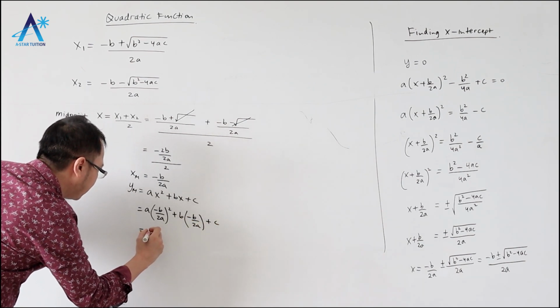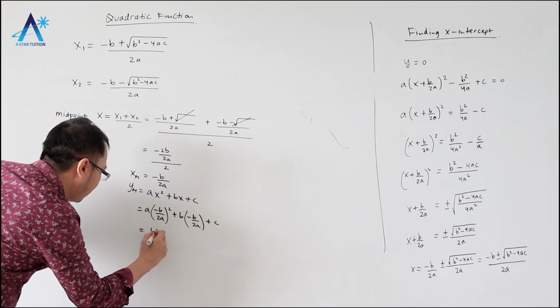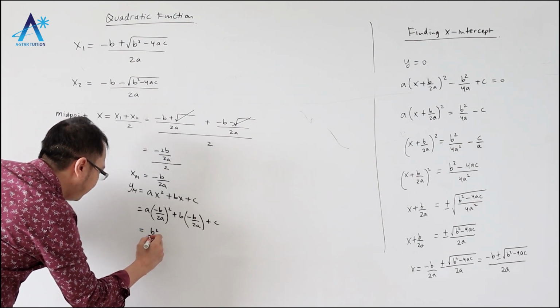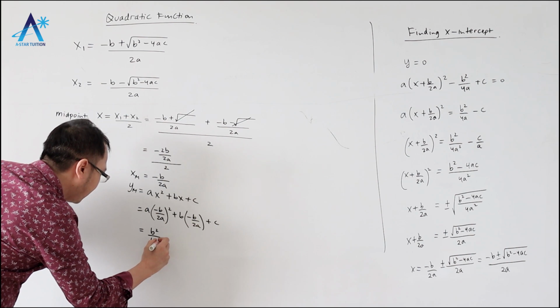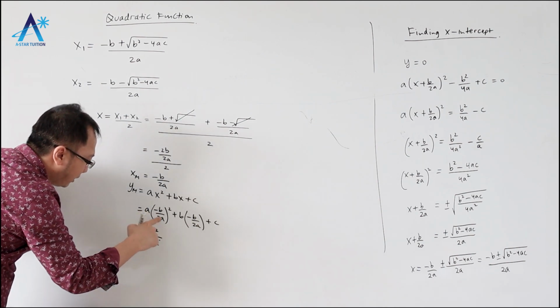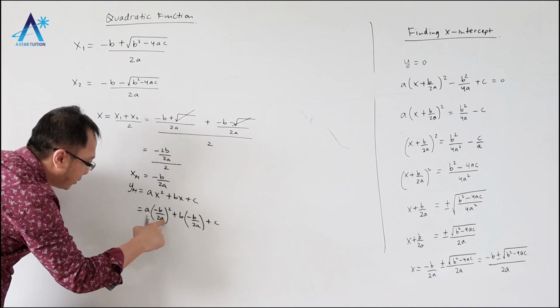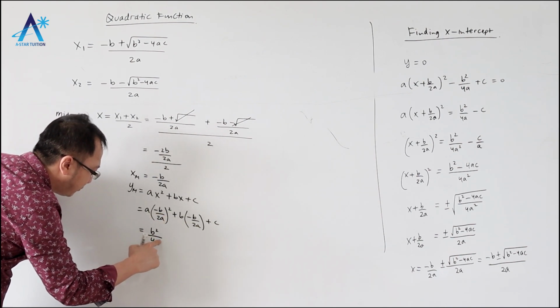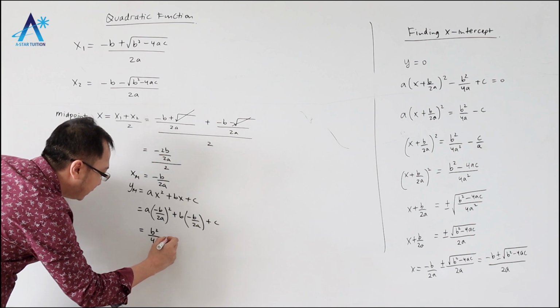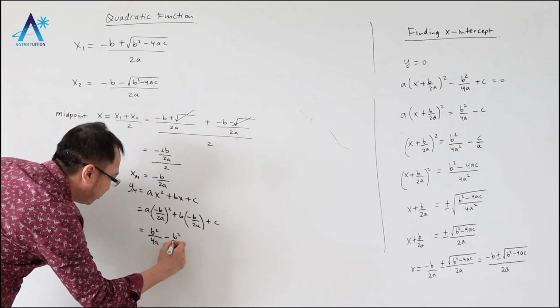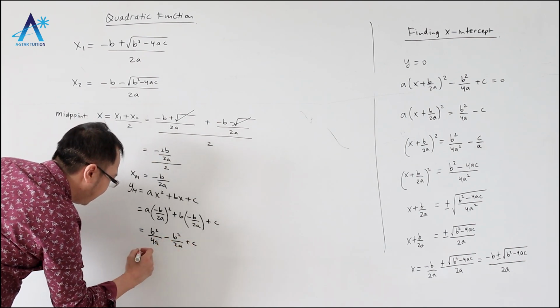So this is going to be b squared over 4a. This a is on the numerator, while this a squared is on the denominator, so it's going to be just 4a on the denominator. This is negative b squared over 2a plus c.